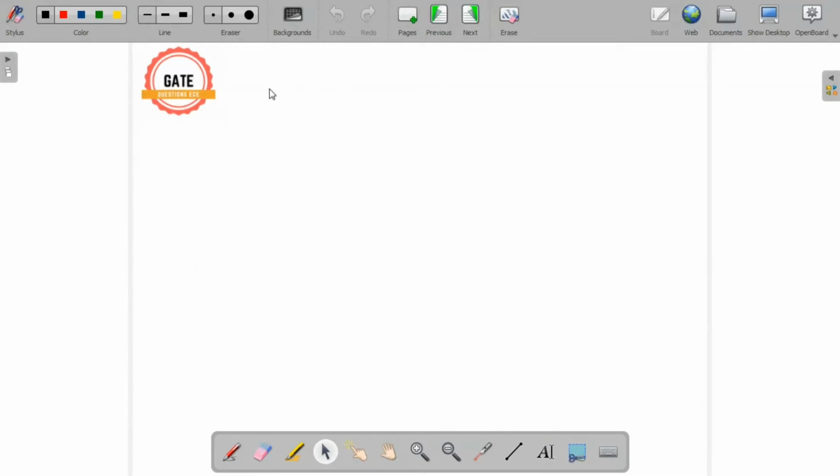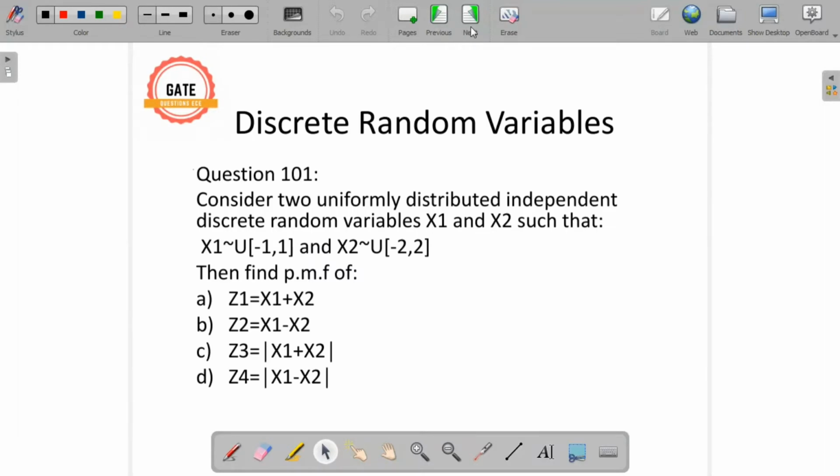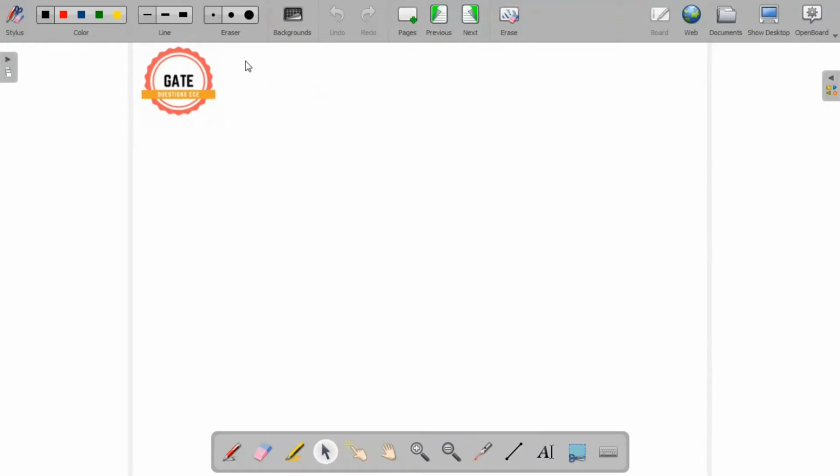It's given that x1 is uniformly distributed over range -1 to 1 and x2 is uniformly distributed over range -2 to 2.